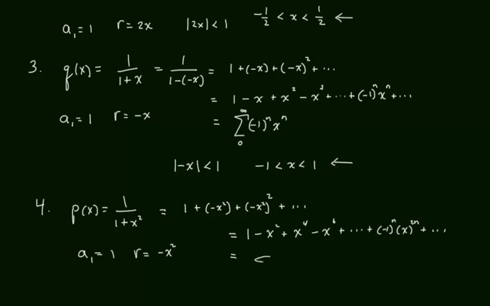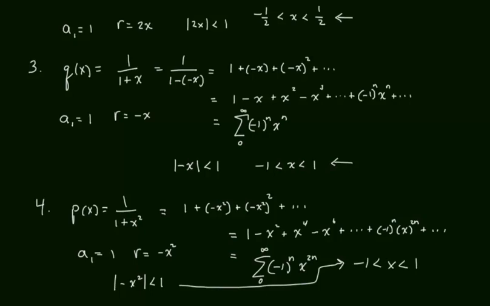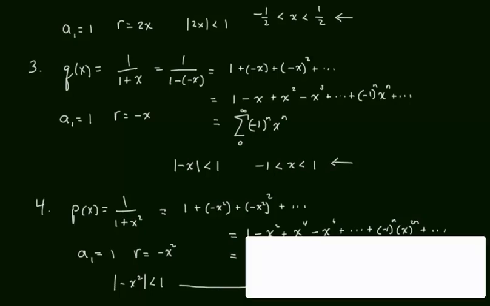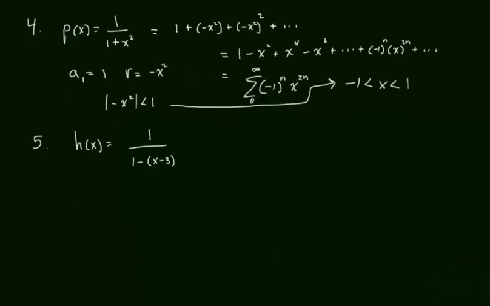Summarize: x to the 2n from 0 to infinity. We have to look at the interval of convergence, common ratio less than 1. That will lead to the interval of convergence, -1 less than x less than 1. Again, centered at 0.